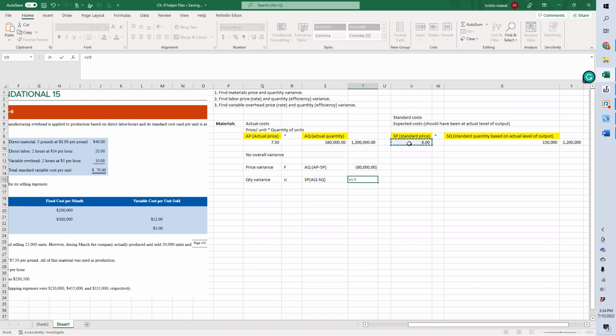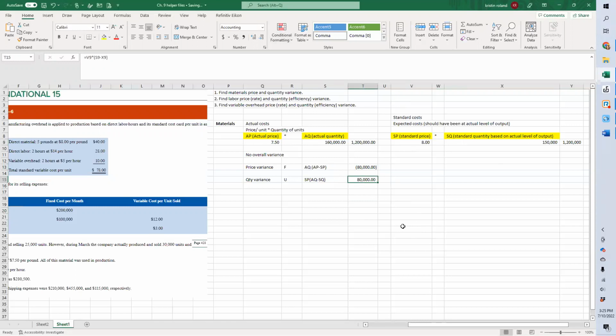And so if I plug in the numbers, it shouldn't be surprising that I get 80,000, because the sum of these two variances should equal the overall variance, and we already determined that there's 0 overall variance. All right, so our price variance was 80,000 favorable, and our quantity variance was 80,000 unfavorable.